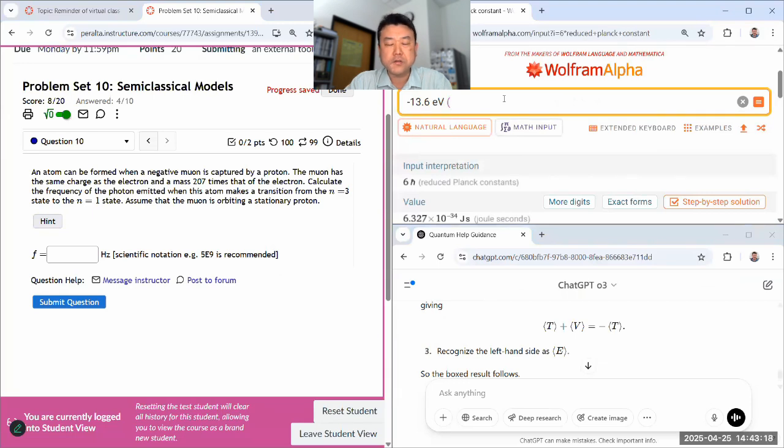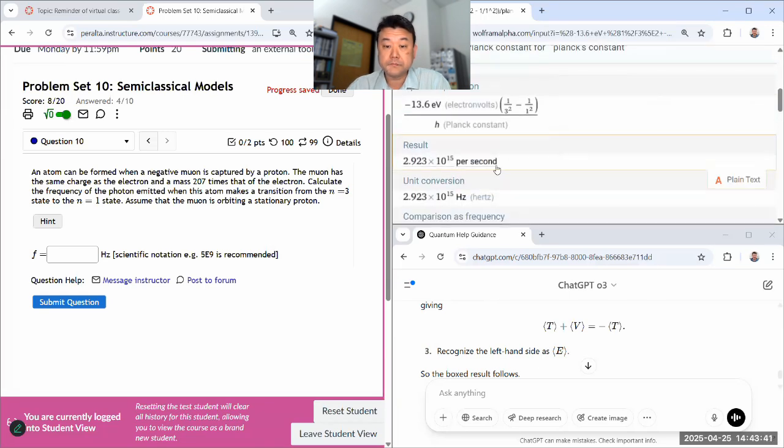Let me calculate the energy of the photon and then divide it by Planck's constant. The energy of the photon should be the excited state 1 over 3 squared minus the ground state. That's the energy. It should be a positive number, and I'm dividing that by Planck's constant.